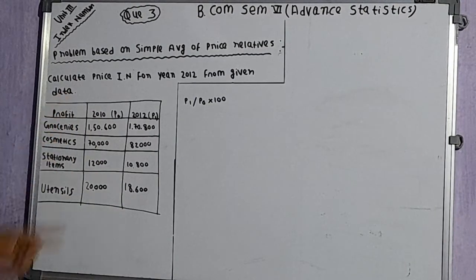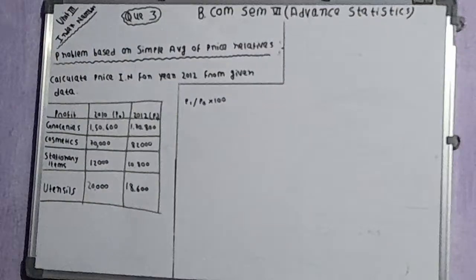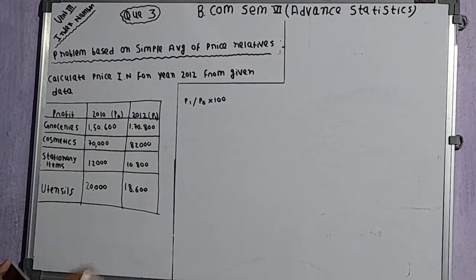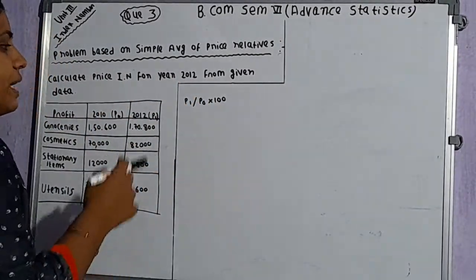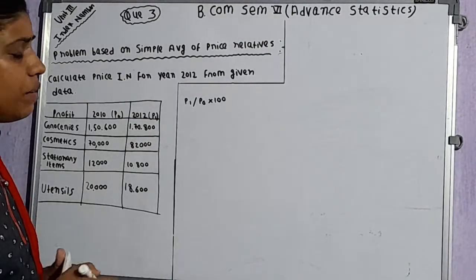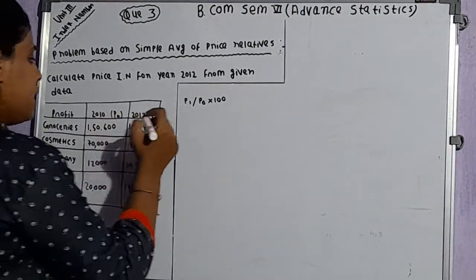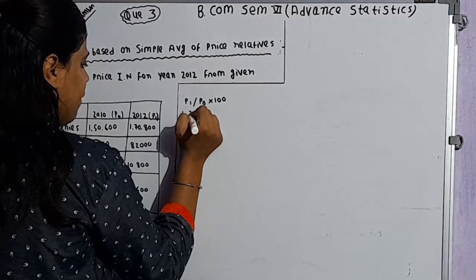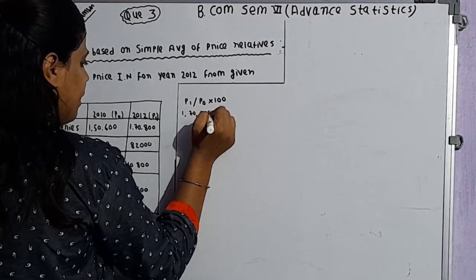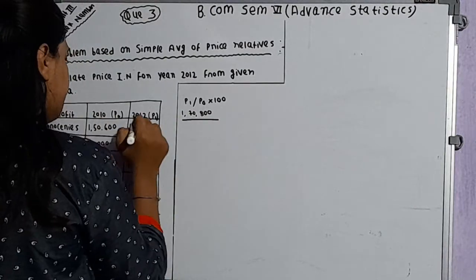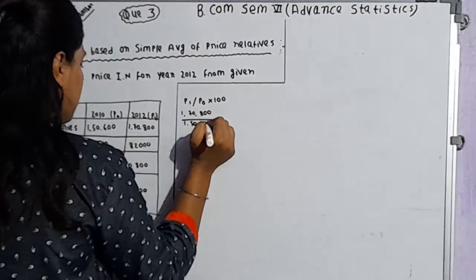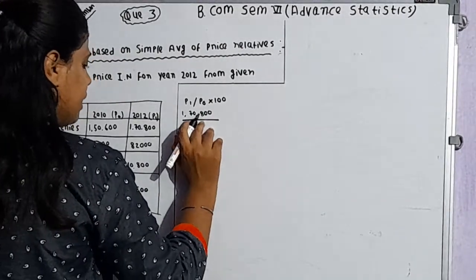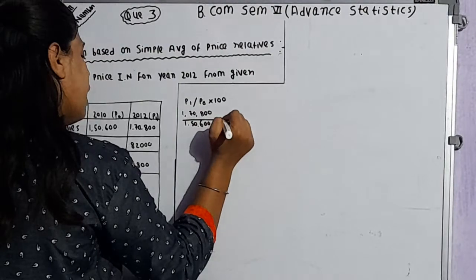First of all we have to compute the price relative for each and every item. Let's start by computing the price relative for the groceries: P1 upon P0 into 100. P1 stands for current year, P0 stands for base year, and into 100 is a base. So P1 means 1,70,800, and P0 means 1,50,600, into 100.